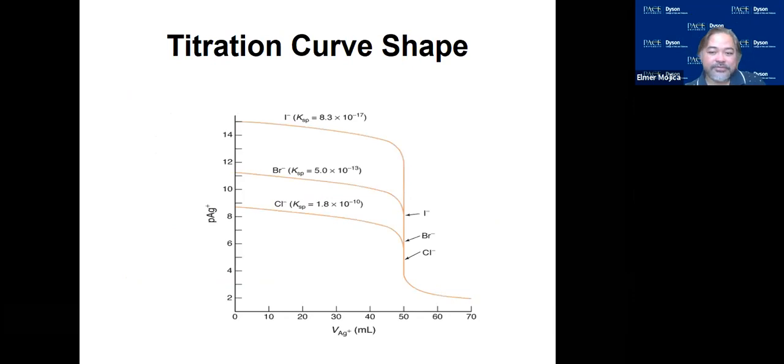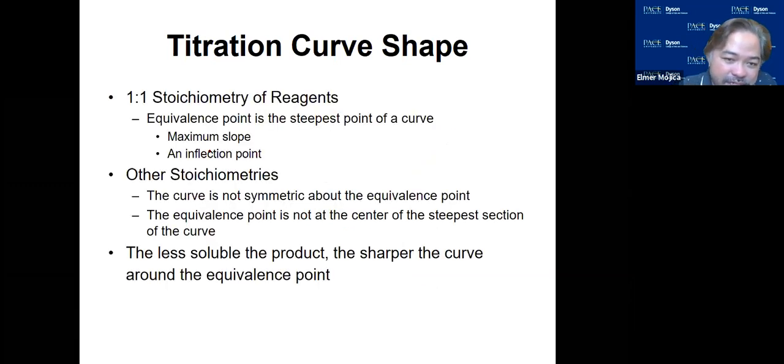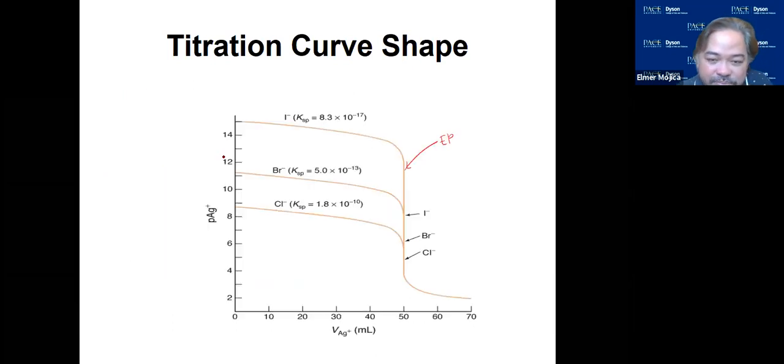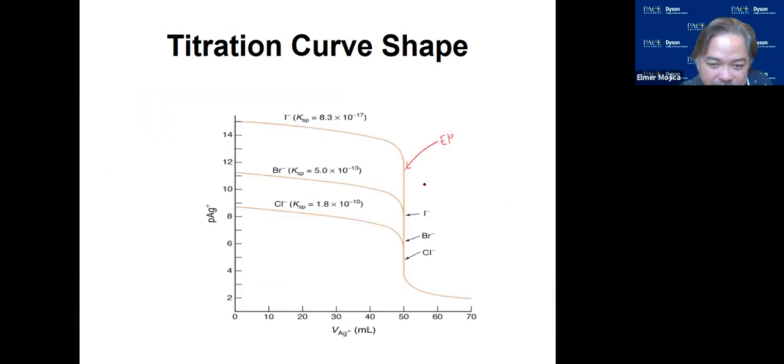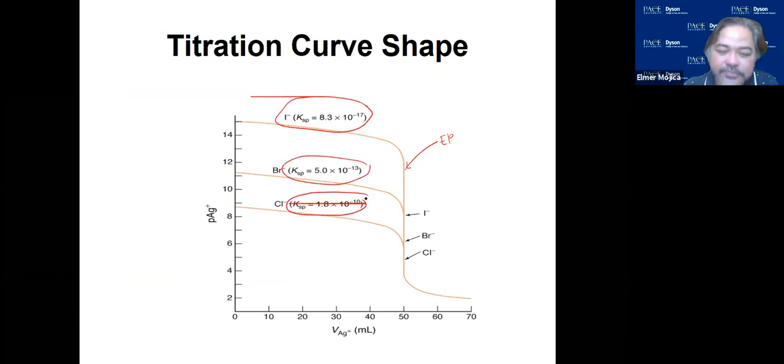So this is how it looks. So what does it mean here? Okay. This one is your equivalence point. That's where you have the so-called maximum slope and an inflection point. And the statement that you have here: the less soluble the product, the sharper the curve. So I want you to look at this value here, compare it with this one, compare it with this one.